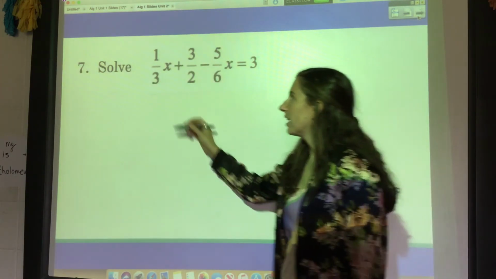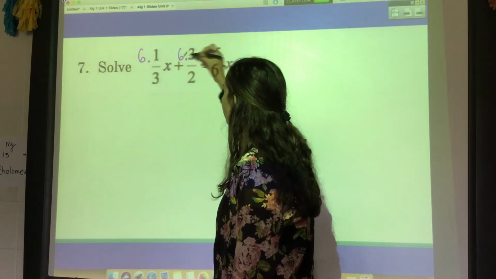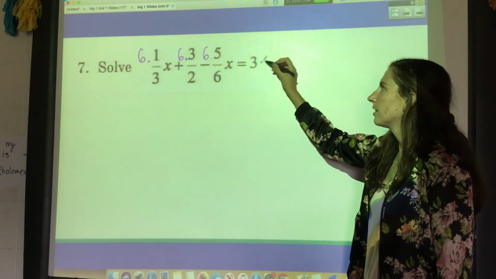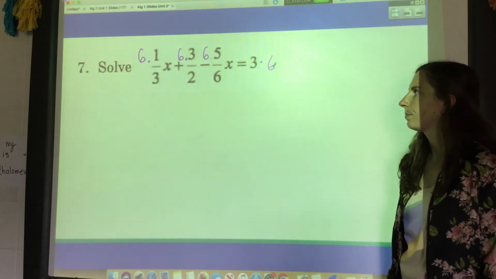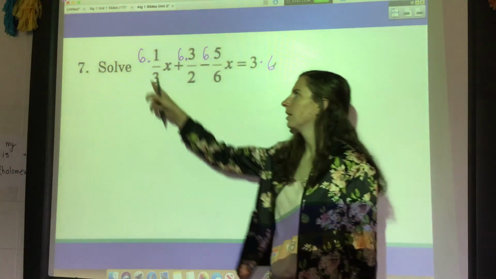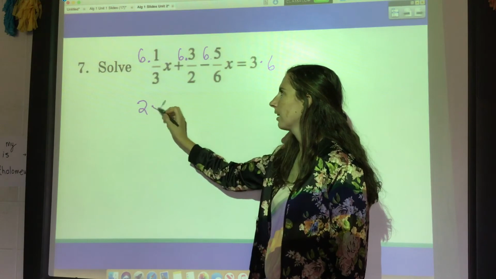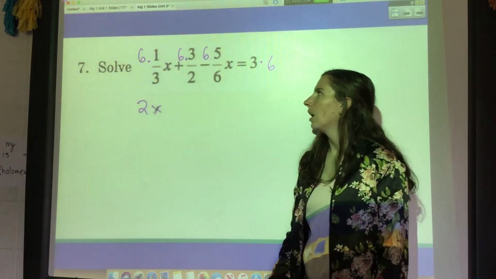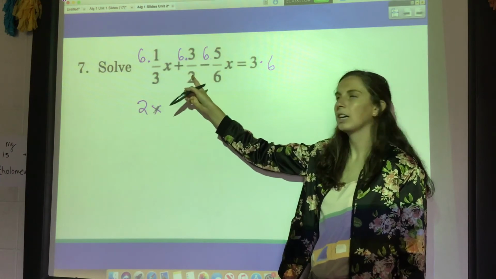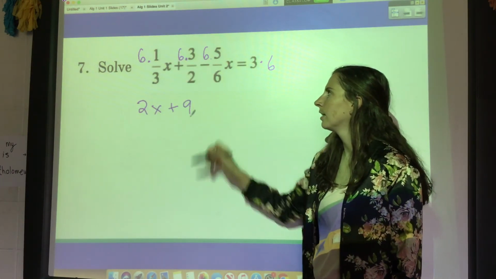And the answer is 6, because if I multiply this by a 6, and this by a 6, and this by a 6, and I'll have to multiply this side by a 6 too to keep it balanced. What happens is 6 times 1 over 3 is 2x. On this one, 6 times 3 divided by 2, that's 18 over 2, which is 9.